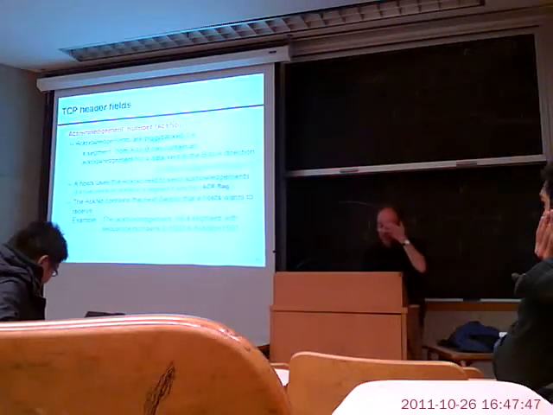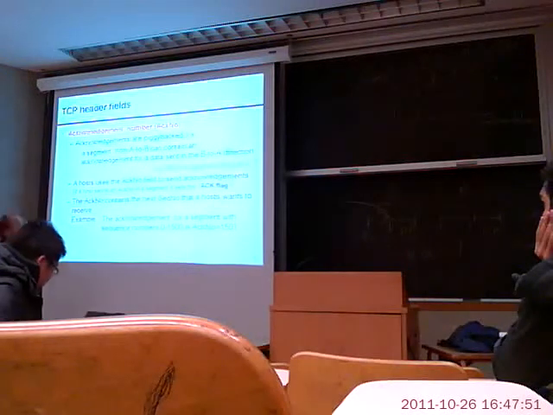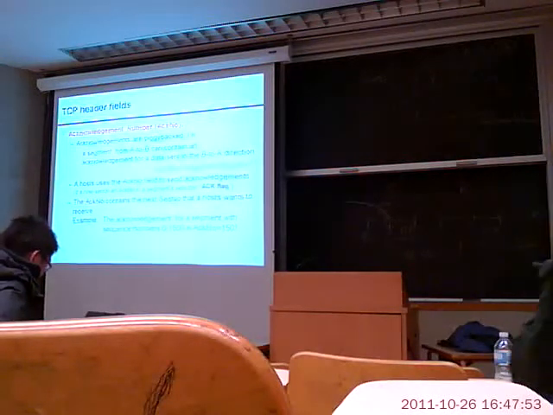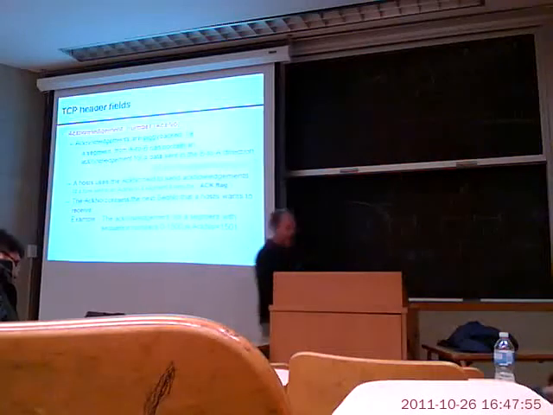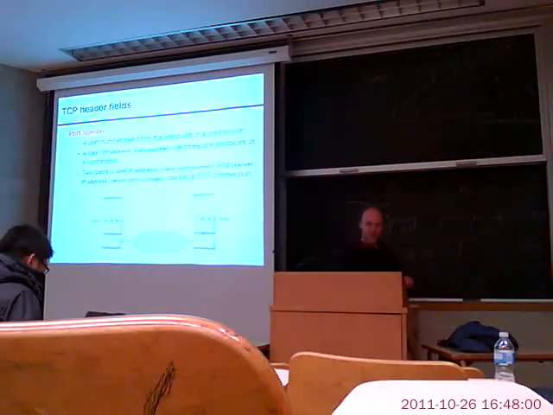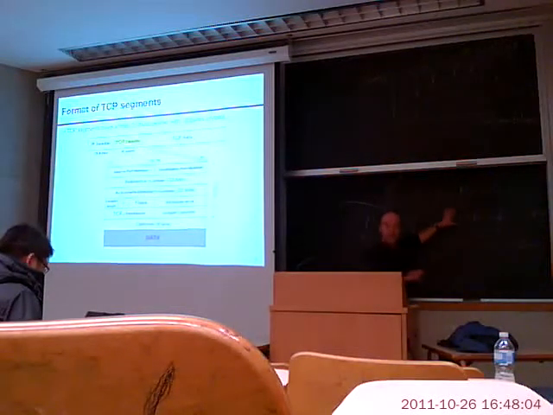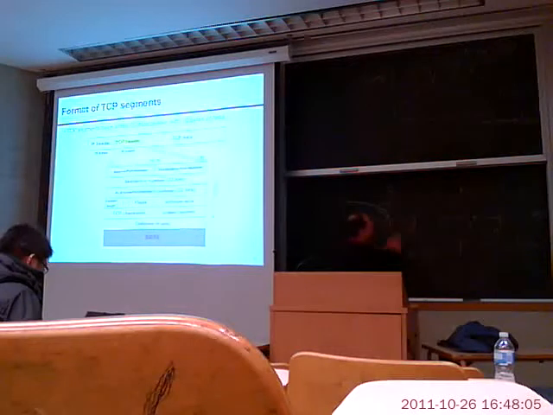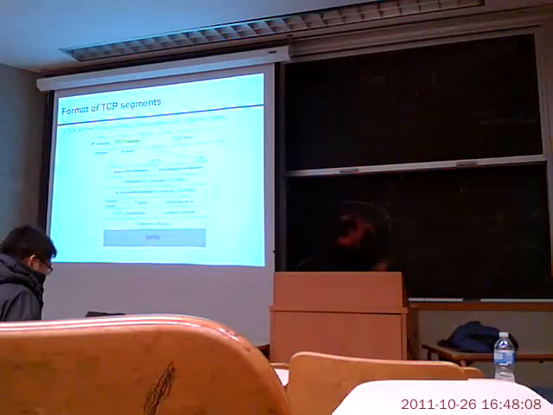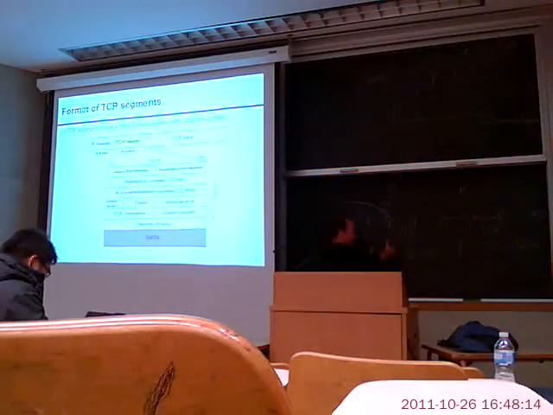Then the acknowledgement number. Acknowledgements are piggybacked. So if you're having a data flow, and we're looking at a packet here that is coming from the sender to the receiver, the sequence number is the number of the packet that comes from the sender.